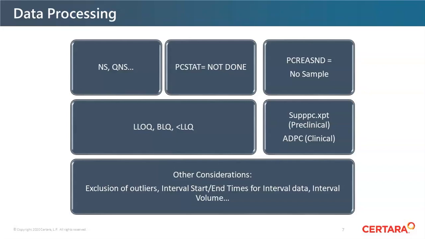And this numeric value needs to be clearly communicated, either by the use of QNAM, the qualifier variable name of PCCALCN, in the supplemental qualifier for non-clinical data, or in an ADaM dataset for clinical data.